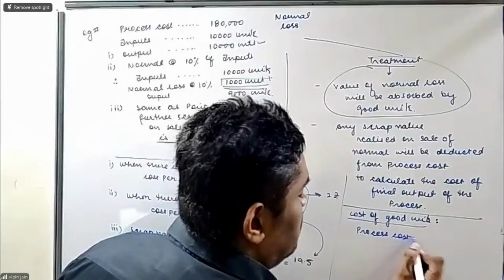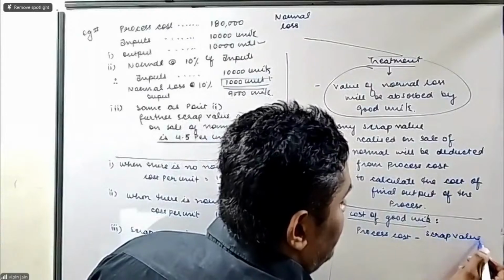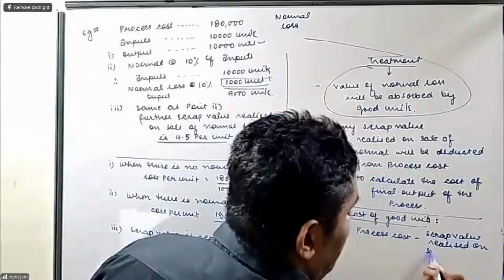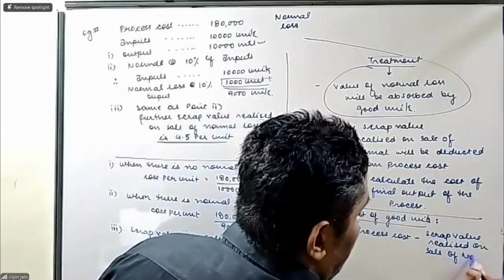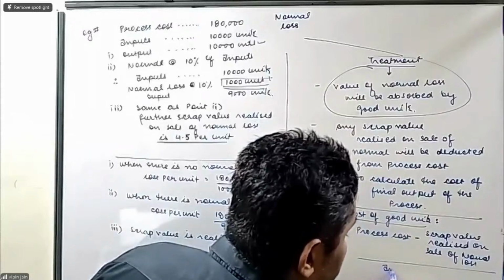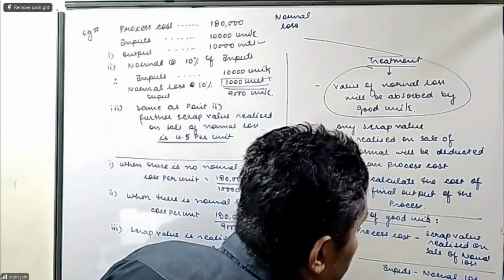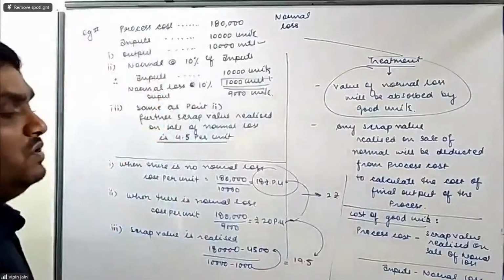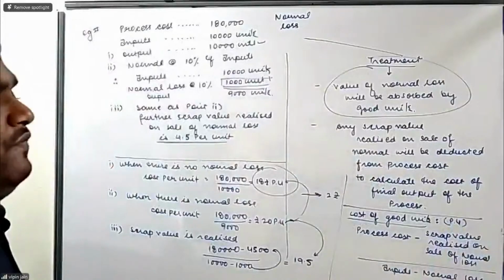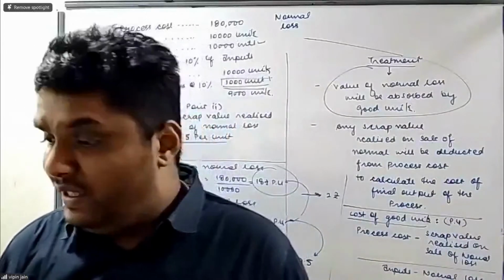Process cost minus scrap value realized on sale of normal loss, divided by inputs minus normal loss. So this is how the cost of good units is calculated. If you have any doubts or queries, please post. Tambeshwari, hopefully your query is resolved.